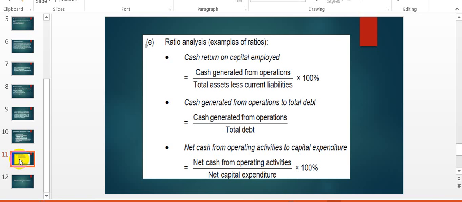The second is cash generated from operations to total debt.